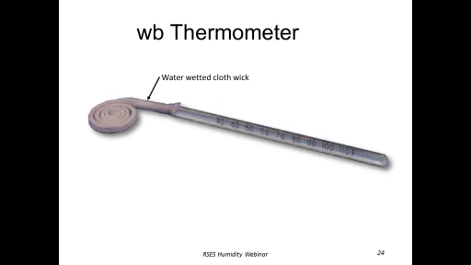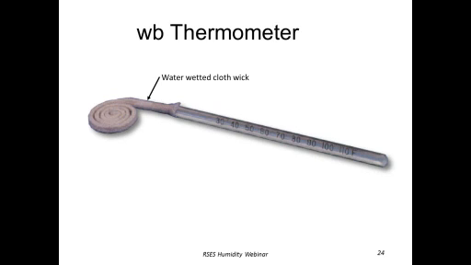So you can see that the wet bulb thermometer just has a water-wetted cloth wick on it. If you wanted to be really precise, you would only use distilled water when you're wetting the wick. And a lot of people have asked, where do I get a wick like that? Practically any sling psychrometer, and I'm going to cover what that is, the wicks are available separately from that manufacturer, from that vendor.